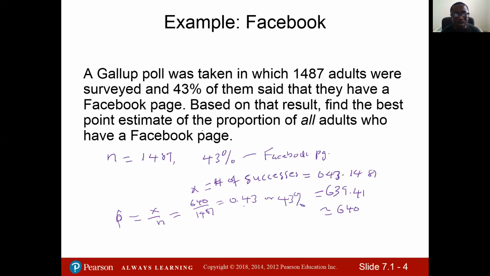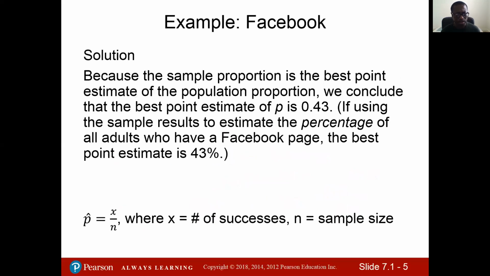So because the sample proportion is the best estimator of the population proportion, we conclude that the best point estimate of the population proportion, or the true proportion, is 0.43. And as I explained, this is how to calculate p-hat, where x is the number of successes and n is your sample size.